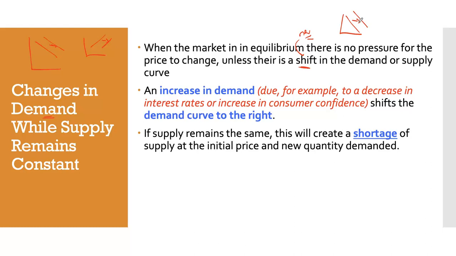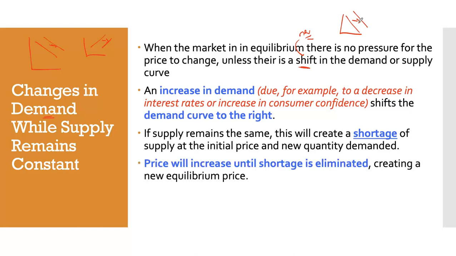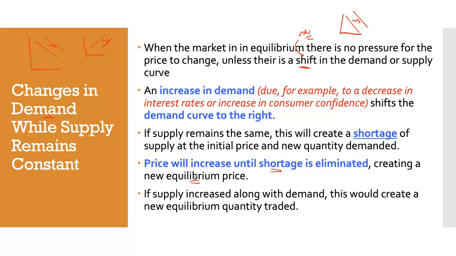So if the price remains the same and supply remains the same, there will be more demanded and we won't be in equilibrium. In this case, because there is a shortage now, the price will increase, creating a new equilibrium price. Now, if supply increased along with demand, this would create a new equilibrium quantity traded.